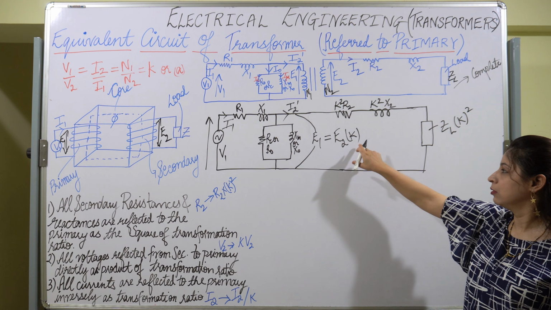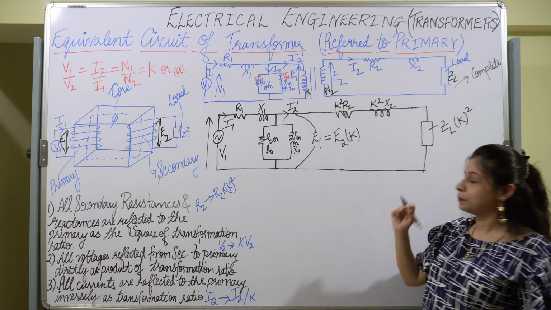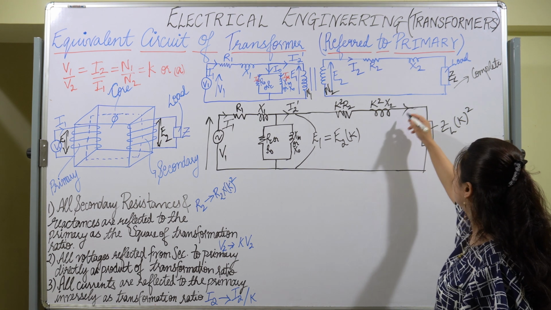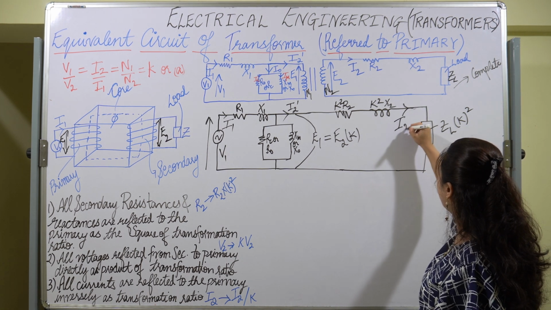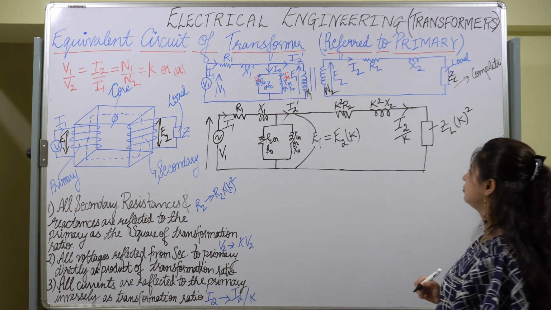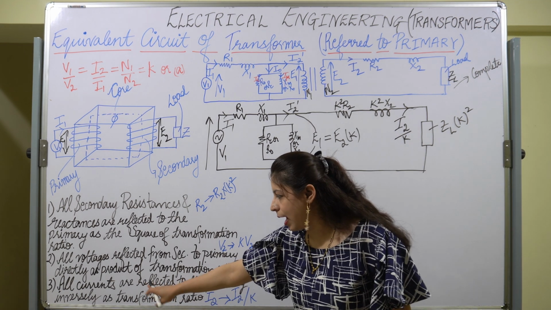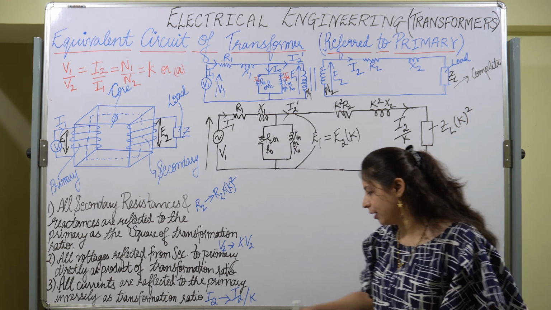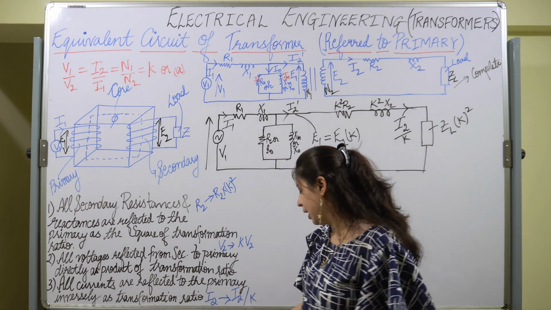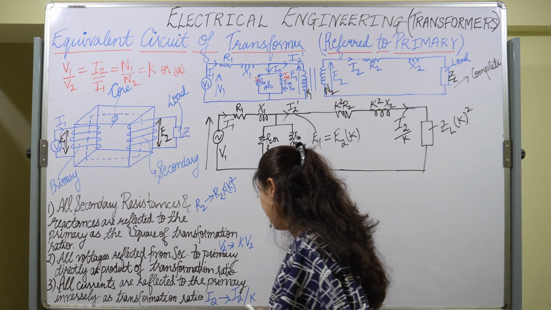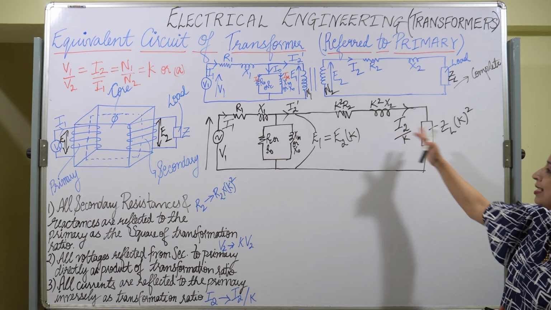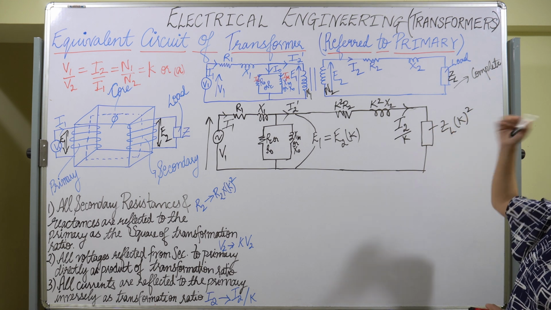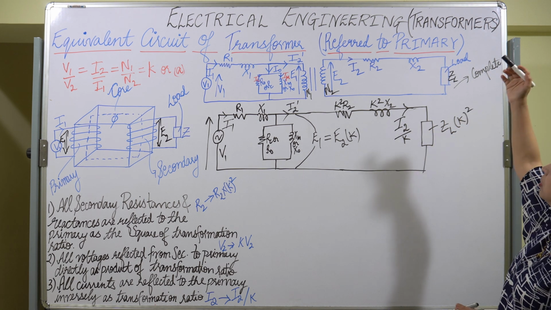Then the secondary current will be I2 upon K, because the secondary current is inversely as the transformation ratio. So this is the equivalent circuit of a transformer referred to the primary.